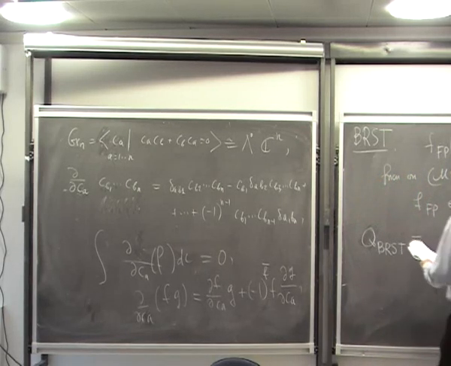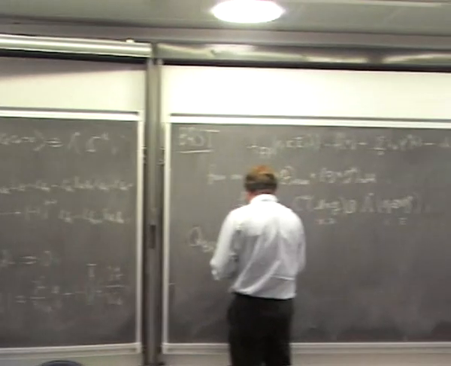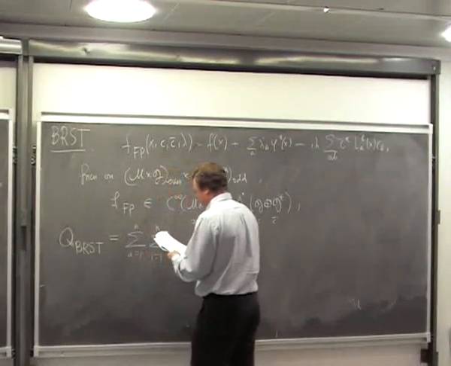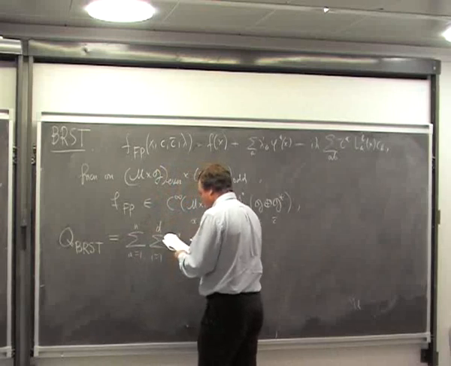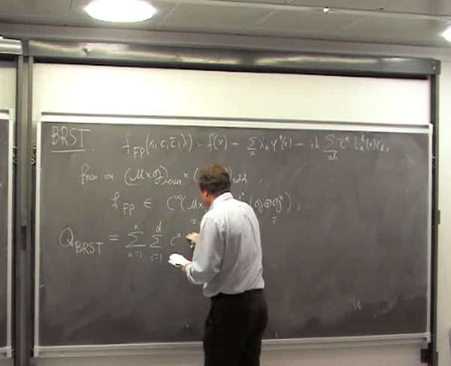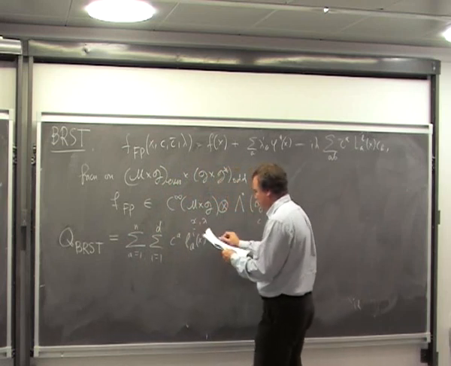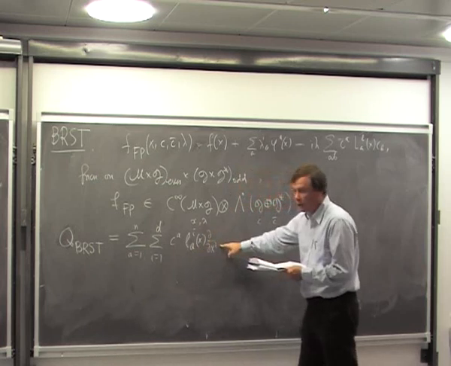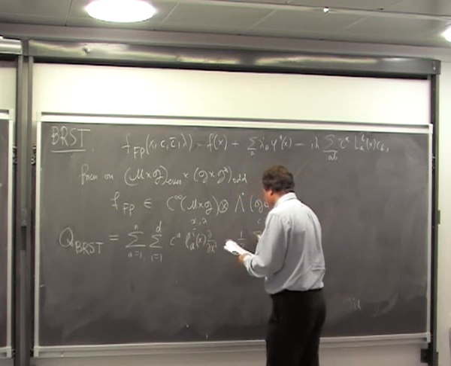Okay, so now the BRST operator, it's the sum over A from 1 to n, sum over i from 1 to d, C_A, and then this is essentially the action of the Lie algebra on functions. So I'll write it slightly differently.